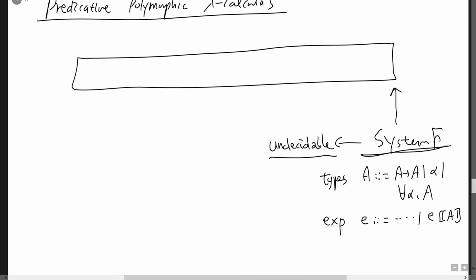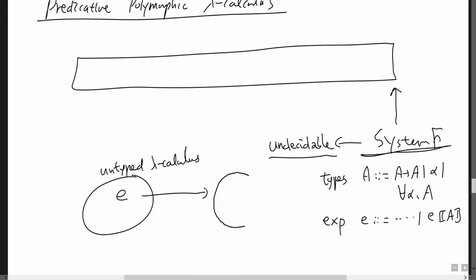That is, we start with an expression in untyped lambda calculus, and first we'd like to check if this is convertible to a corresponding expression E prime in system F. Of course, there's an expression that cannot be converted. For instance, omega cannot be converted to a corresponding expression in system F.